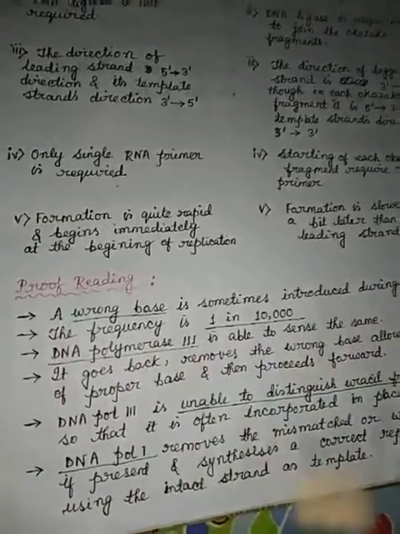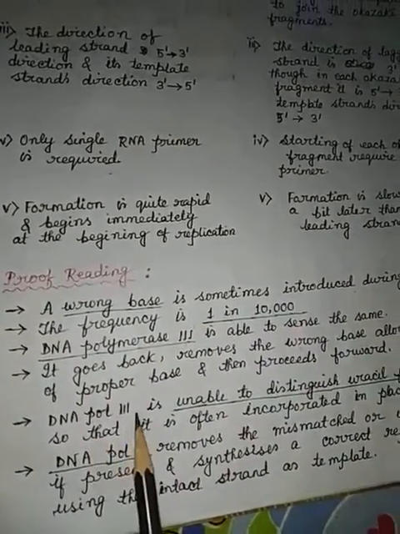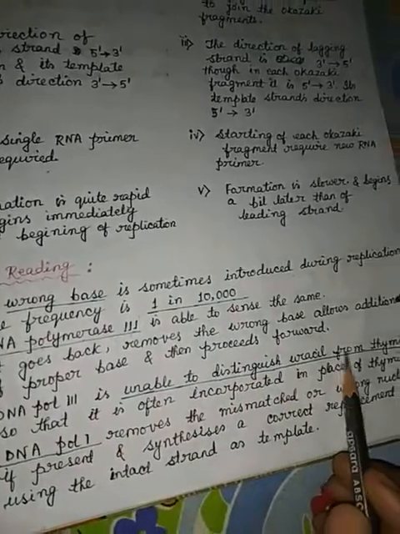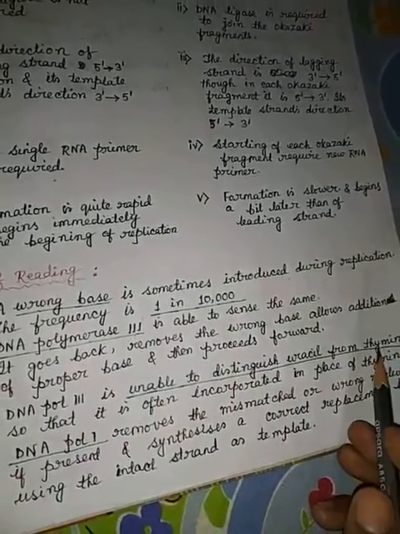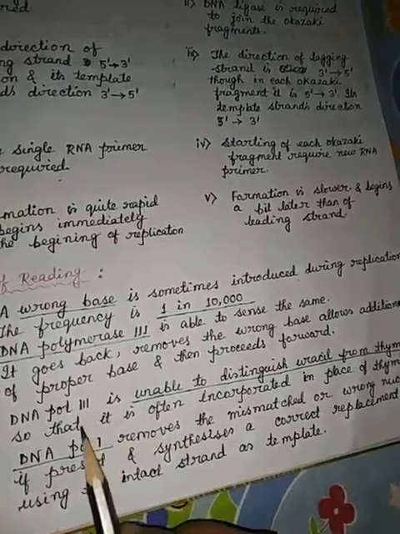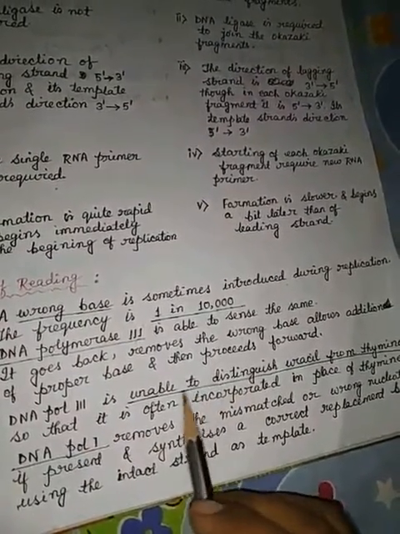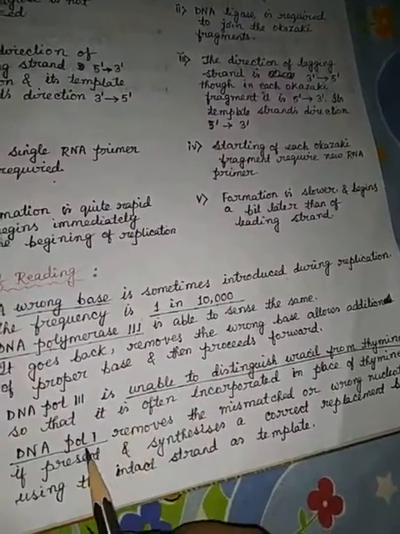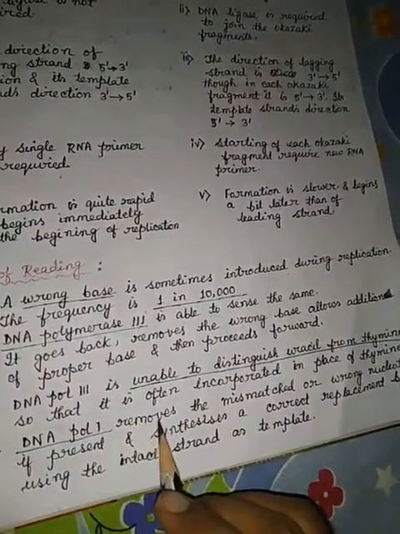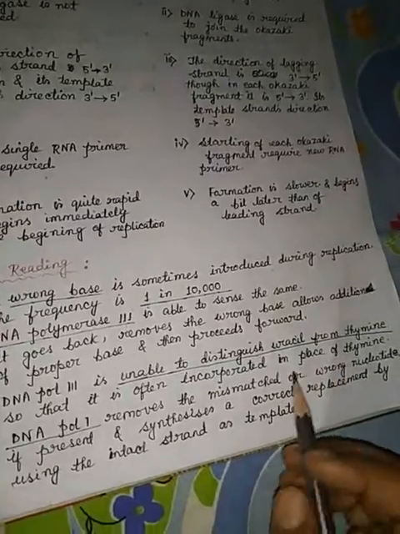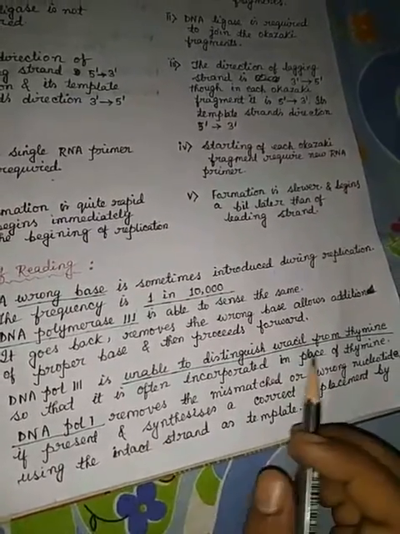But one problem is that DNA polymerase 3 is unable to distinguish uracil from thymine. So DNA pol 3 can't recognize this correction. So DNA pol 1 is required, and this removes this mismatch or wrong nucleotides.